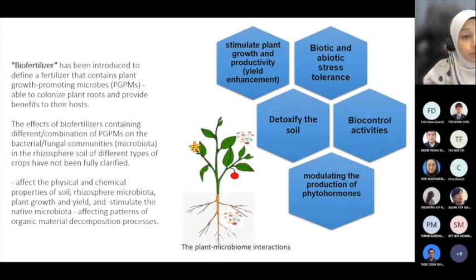Okay, so the effects of biofertilizers containing these different PGPMs or combinations of PGPMs on bacterial and fungal communities in the rhizosphere soil of different types of crops have not been fully clarified.